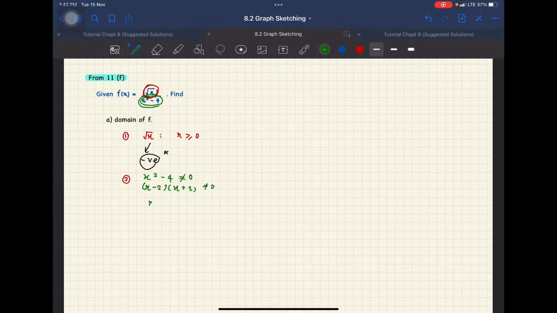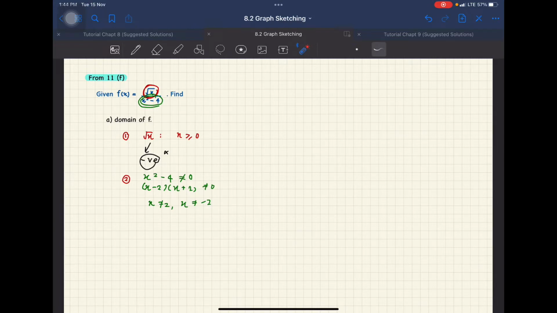So awak akan dapat X is not equal to 2 dengan X is not equal to negative 2. So denominator ni tak boleh sama dengan 2, tak boleh sama dengan negatif 2. Sebab kalau dia sama dengan 2 ataupun sama dengan negatif 2, kita akan dapat dekat bawah ni sama dengan kosong. So tak boleh sama dengan kosong. Okay, settle lah. This is the domain for our reciprocal.